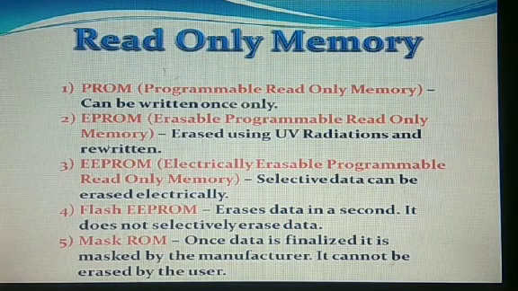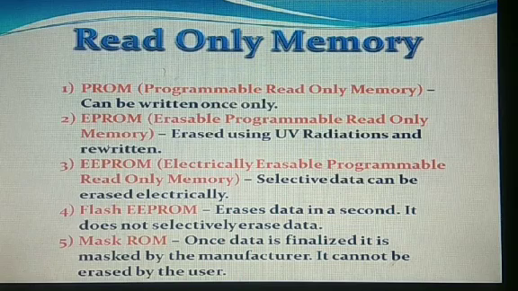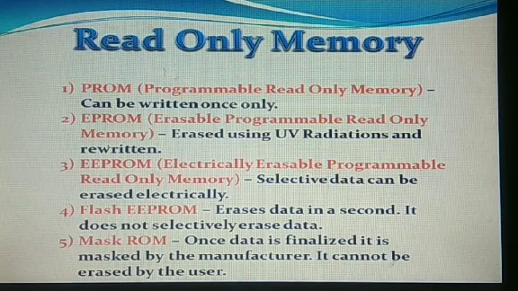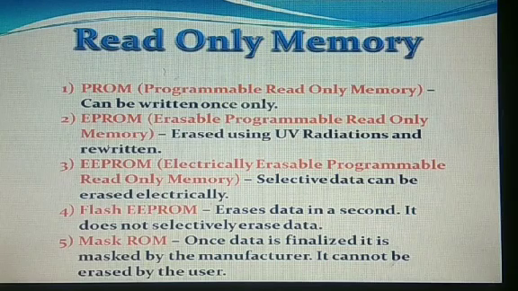These ROMs are to be kept under UV radiations for 20 minutes and thus the whole content of the ROM gets erased and now it can be freshly written. Next we come to EEPROM. This can be erased electrically.